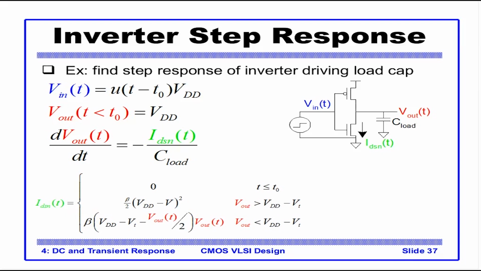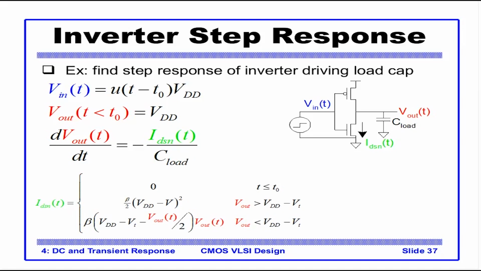So for t less than T0, obviously V out is VDD. It's connected to the pull up network, not to the pull down network. So the current through NMOS would be 0. Again, we look at these 3. Now V out is nothing but VD. We look at 3 regions here. V in is nothing but VDD. It's the gate voltage.